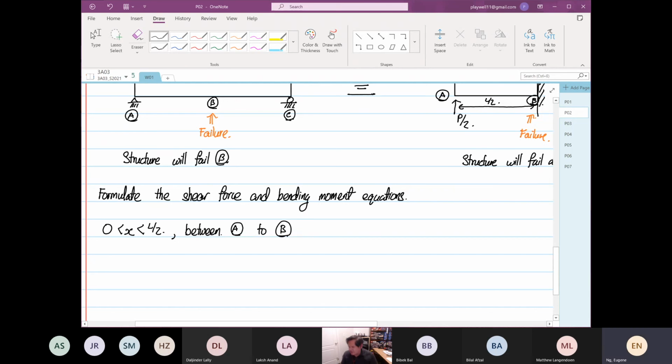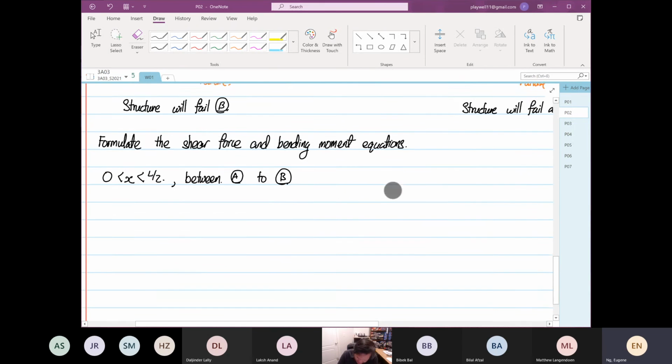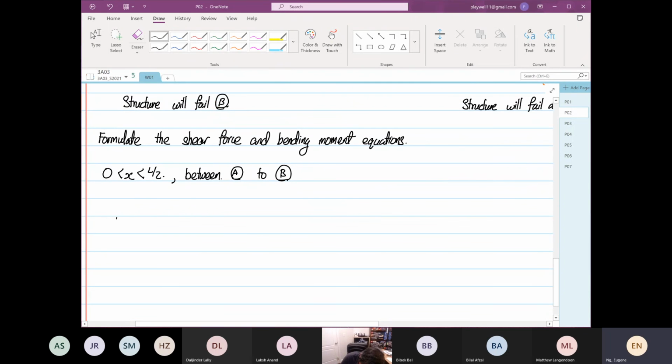Probably you guys have done this in 2P before. What do I mean by shear force equation? We're going to analyze from left to right. We know for the simply supported beam, this is our P/2. We have a variable over here known as X. Then we're going to assume positive shear and positive bending moment, in this direction.